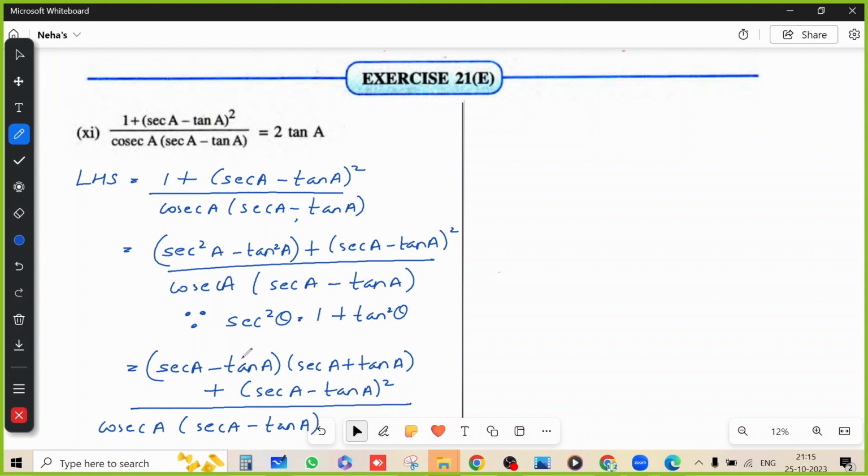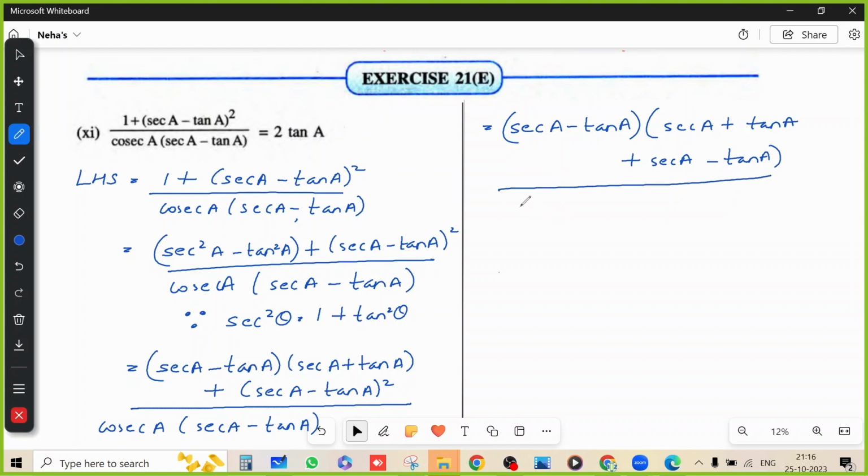Now here you can see in the numerator we have sec A minus tan A common in both the expressions. So we will take it out common. So this will become sec A minus tan A as common. So we have sec A plus tan A inside the bracket, and from the second expression, we will have sec A minus tan A inside the bracket. And the denominator will be written as it is.